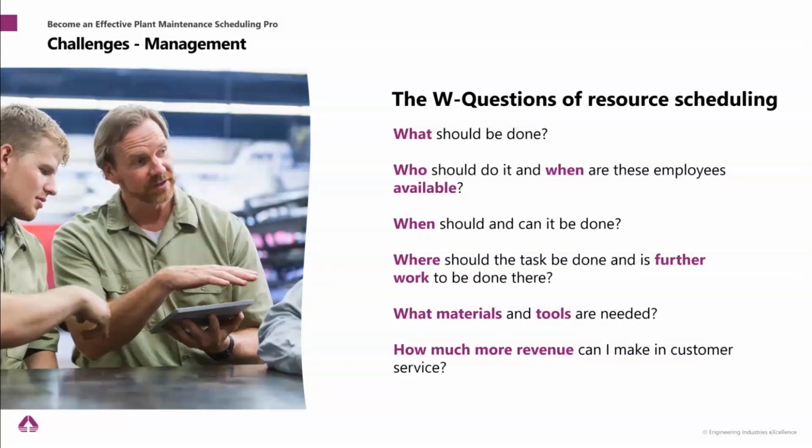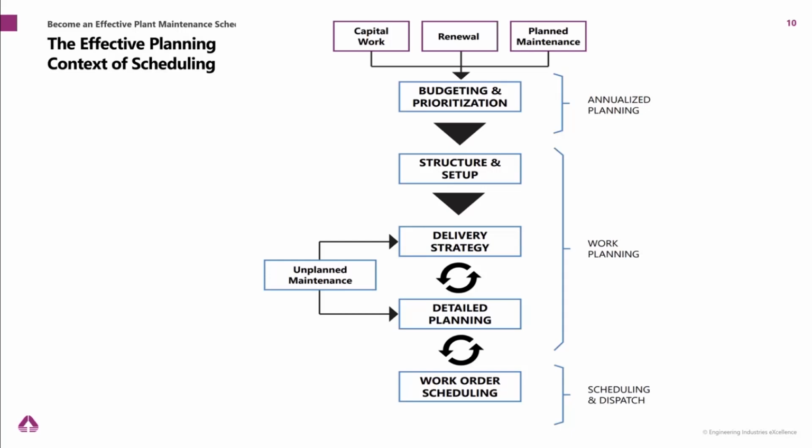So one of the other points we wanted to make here is that the scheduling solution, the actual software itself, does not exist in isolation. There's usually some sort of business process behind the scheduling solution to support it.